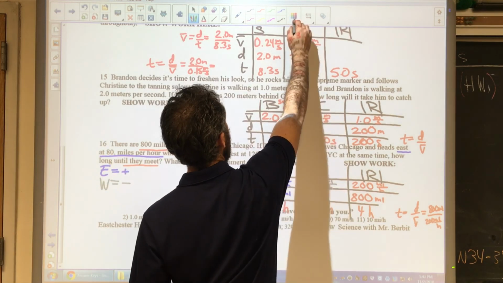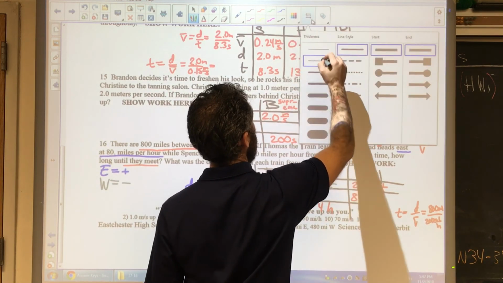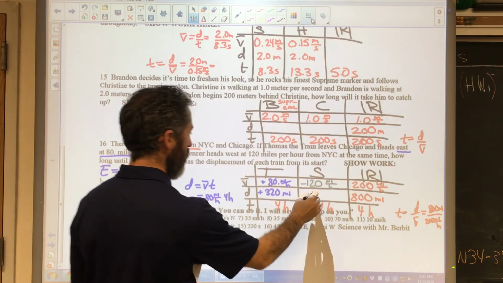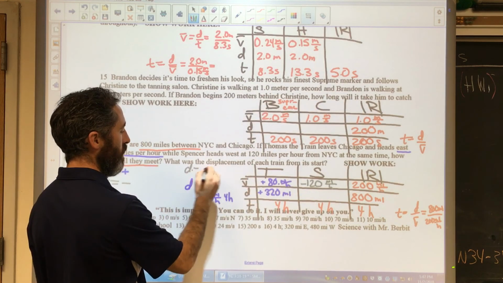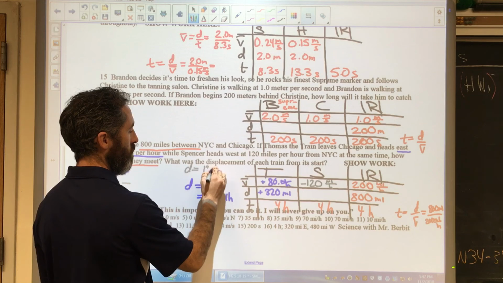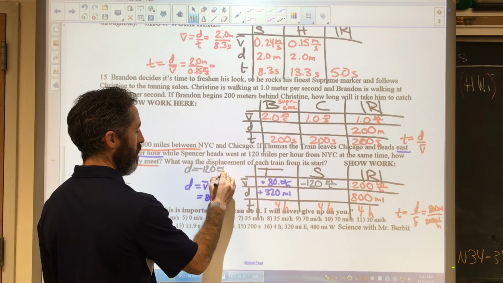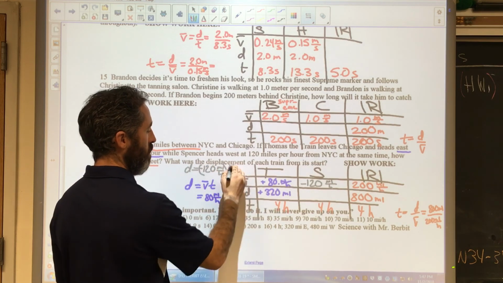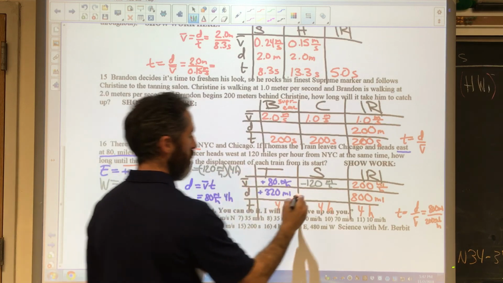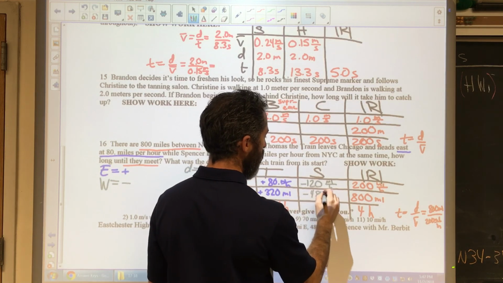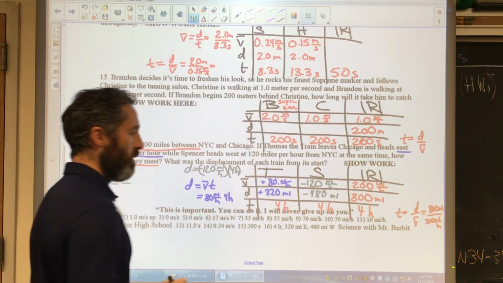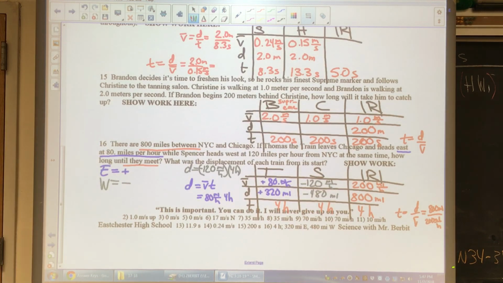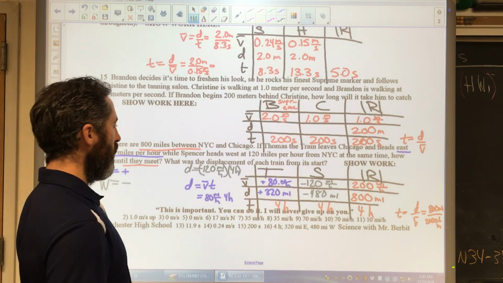At the same time, Spencer, since they are meeting, they will be at the same location. We could do the same little math over here. So that's negative 120 times 4 hours, which will give you negative 480 miles, which just means 480 miles west of New York City. These, of course, are the same location.